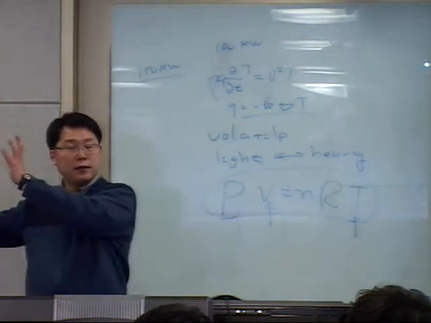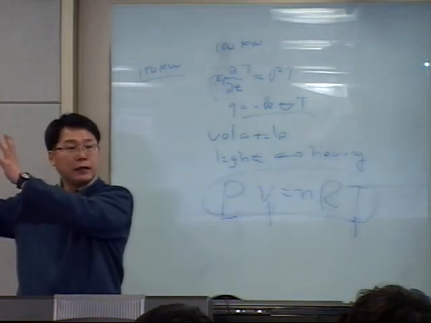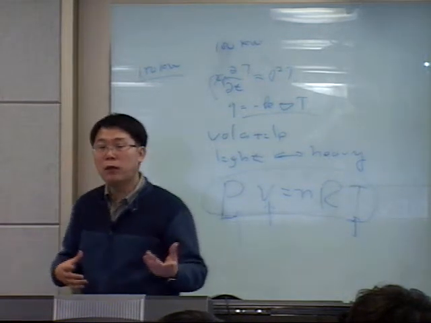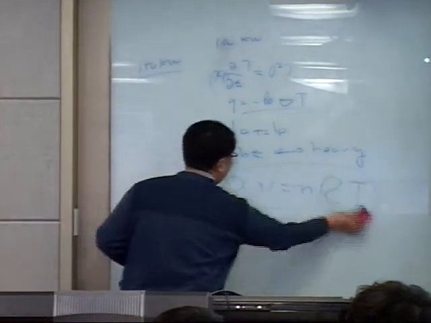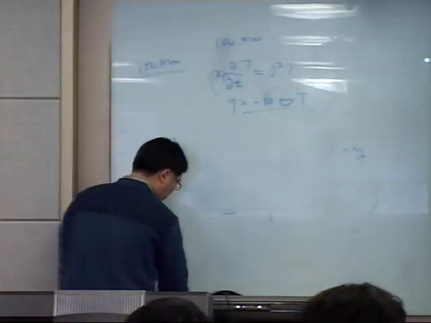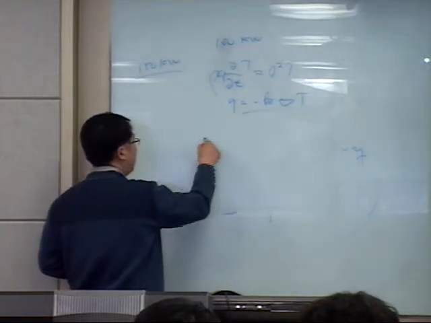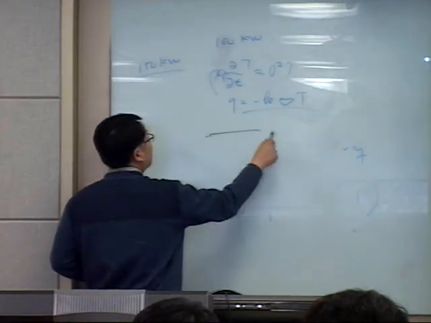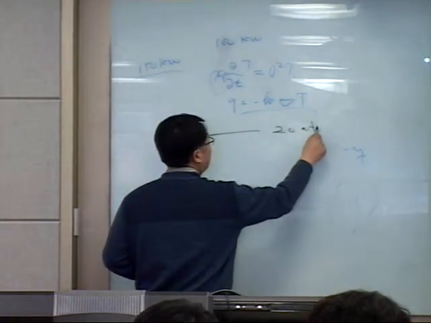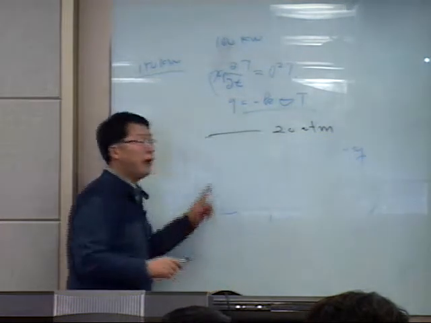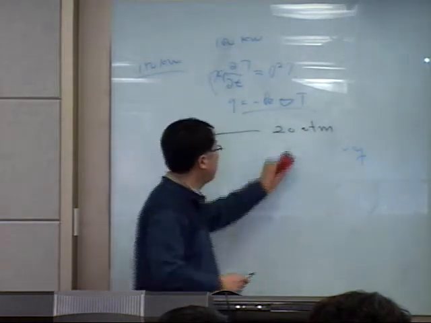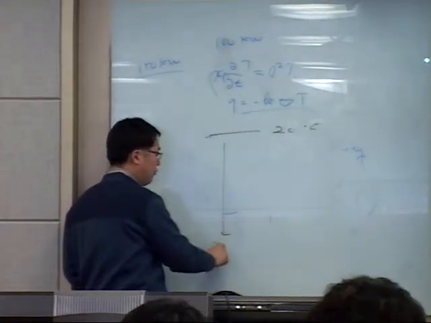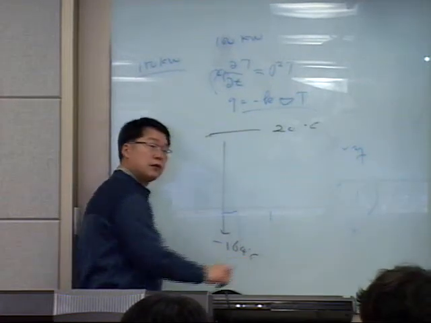Actually, we have a gas at room temperature. The gas is cooled down. So for normal LNG, initially the gas at 20 Celsius is decreased to minus 164 Celsius.